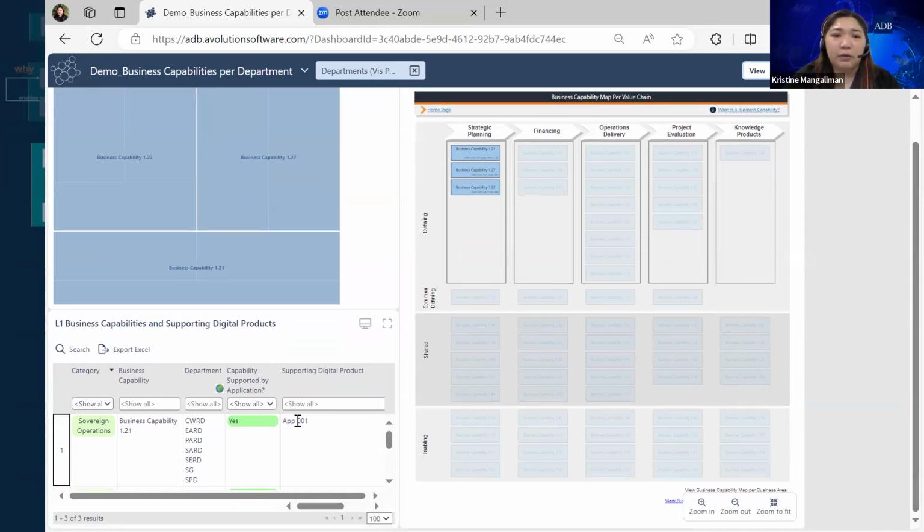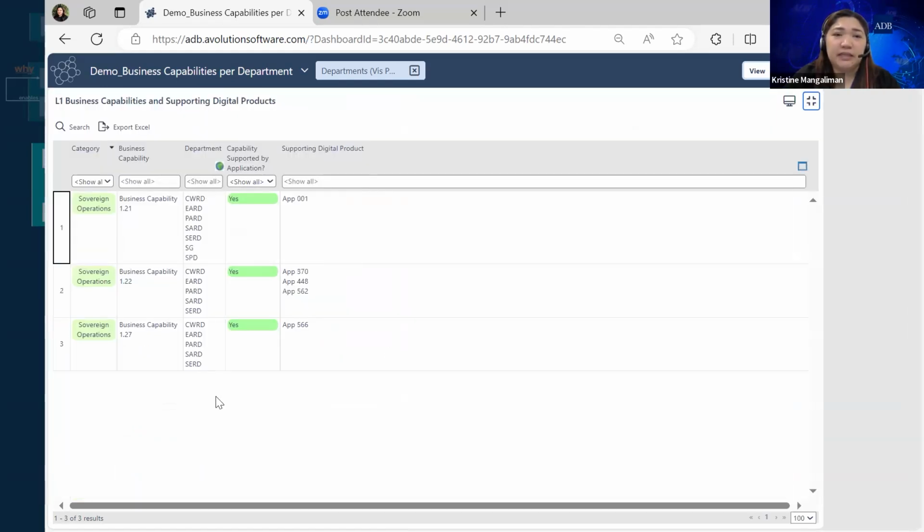And then we have a portlet for a catalog here, which are also filtered through the use of the tree map that filters those business capabilities and the linkage to the department and the supporting system or supporting digital product.